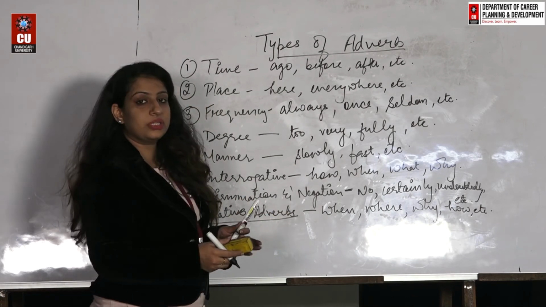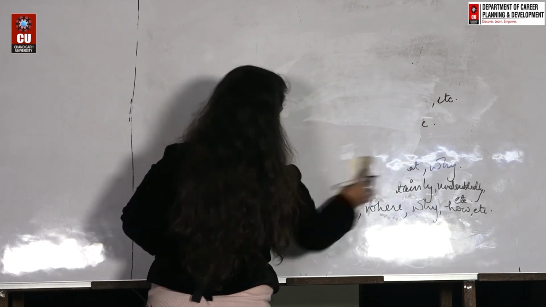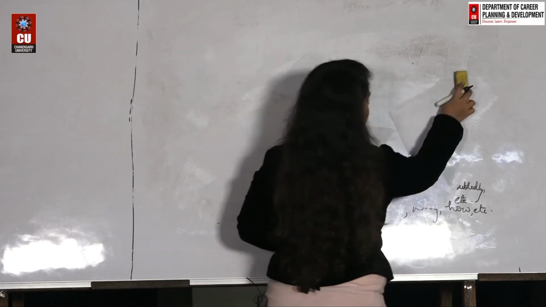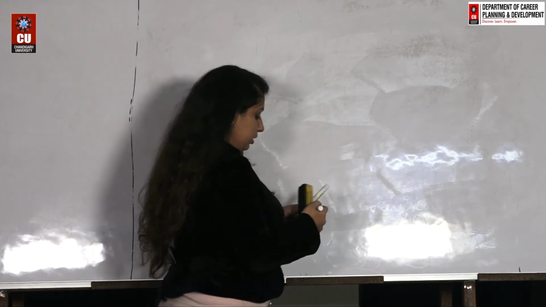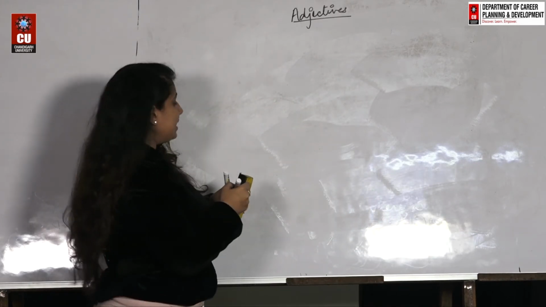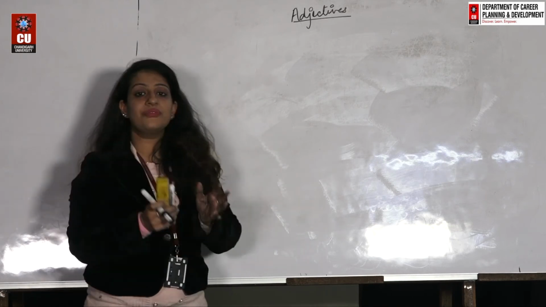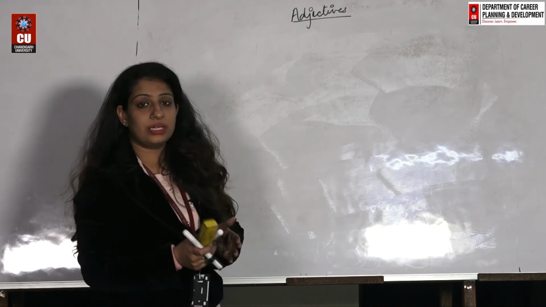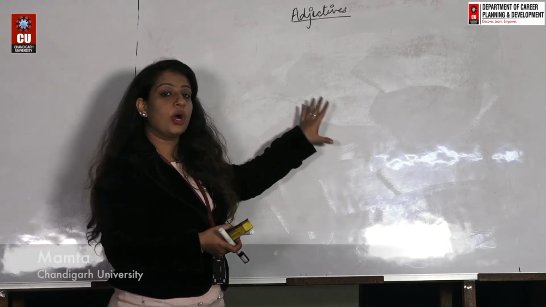Now we are left with the adjectives. In those, we'll do its meaning, its types, and there are some important rules that you need to remember whenever you are doing adjectives. The meaning of adjective is: a describing word that adds meaning to the actual meaning of a noun or pronoun only.